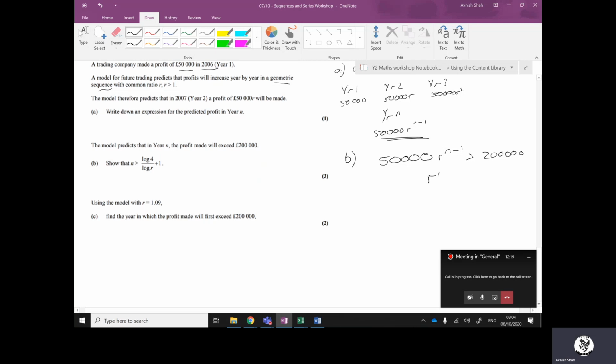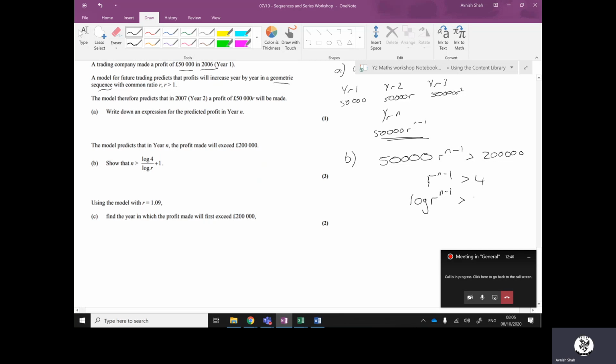We can divide by 50,000, and there we've got 4. We know that there's a log 4 in the answer, so we're doing something right here. The N minus 1, we need to make N the subject of this equation. And so when the power is a variable and we want to find it, we need to take logs.